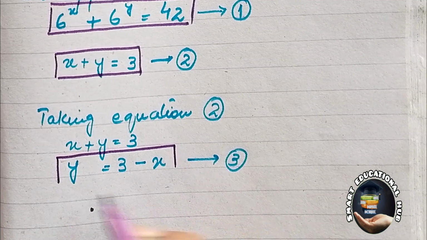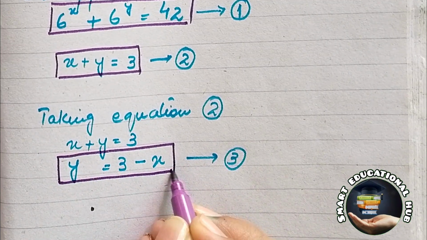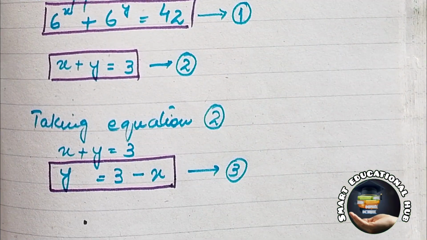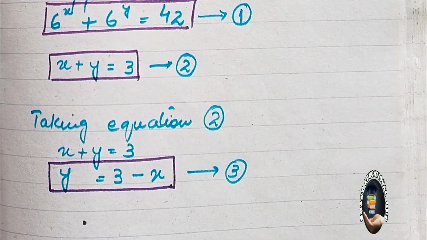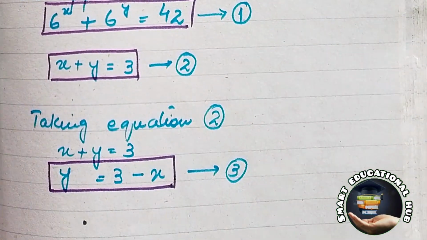What is equation number 3? y equals to 3 minus x. Okay friends, are you getting my points? So y equals to 3 minus x is our equation number 3.